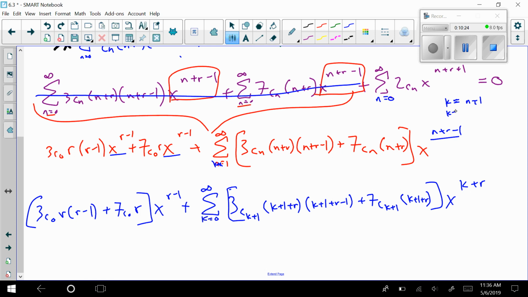Now when I plug it in over here, I think I'll be okay. So what that allows me to do then is I can just add, the summation will be k equals 1, and then I would have, well, it's up here, it's this 2 times my c sub k minus 1, and then that's x to the k plus r, right?